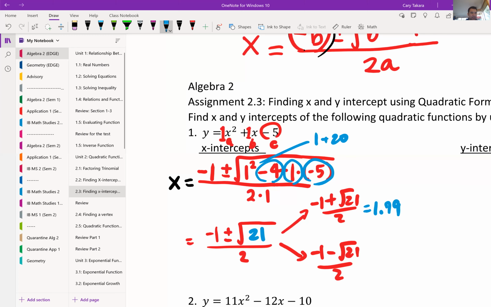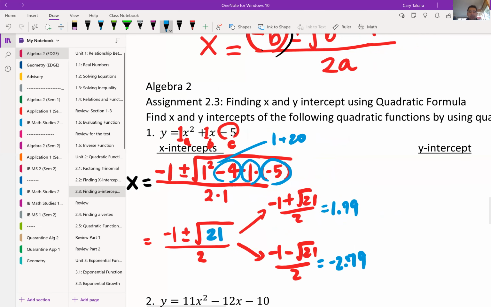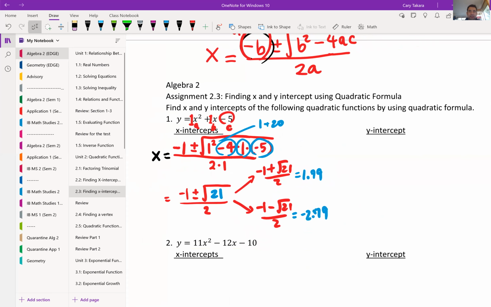Negative 1 minus square root of 21, enter, then divide by 2. The other solution is negative 2.79. And the y-intercept is going to be negative 5.